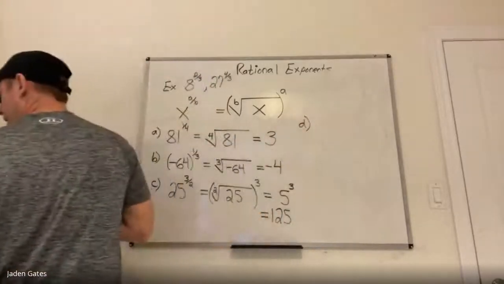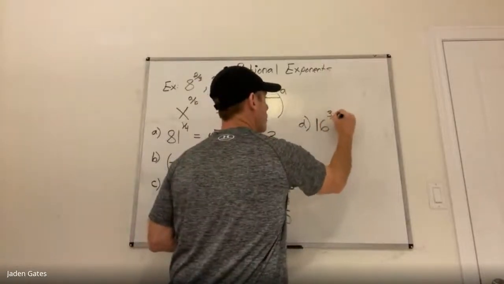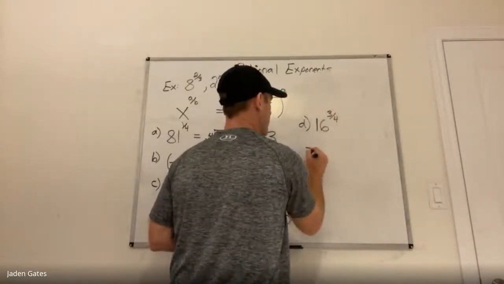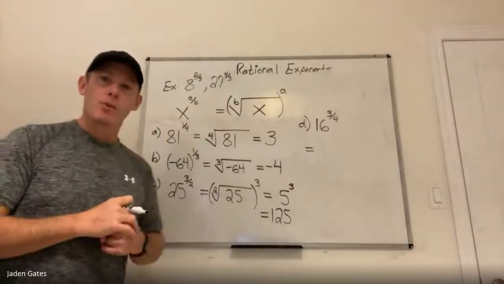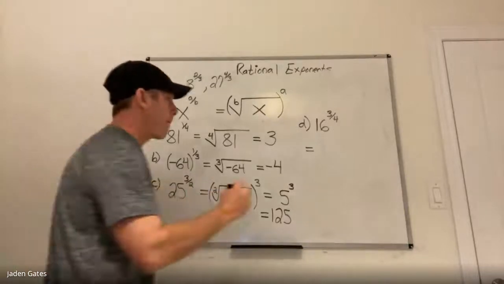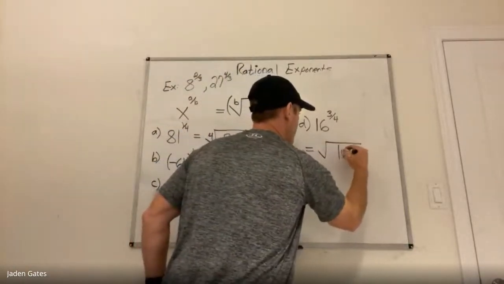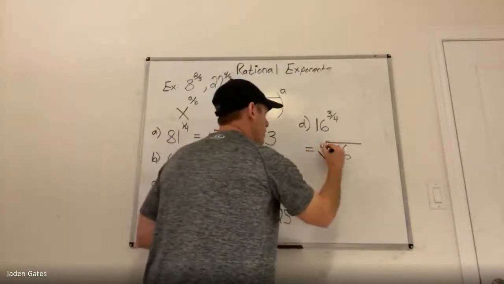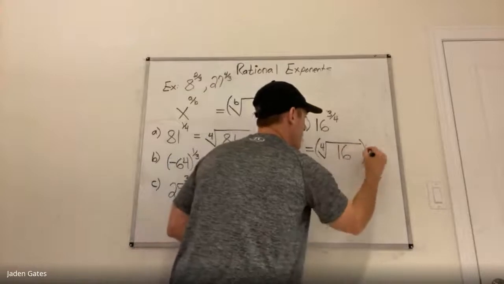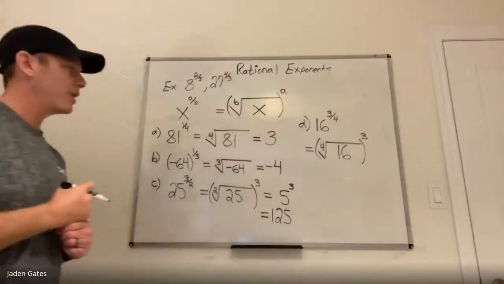All right, a few more here. D, 16 to the power of 3/4. All right, so once again, I'm going to put this in radical form. My base goes underneath. All right, my denominator goes in here. And again, because my numerator on that exponent is not a 1, I'm going to put it in there.